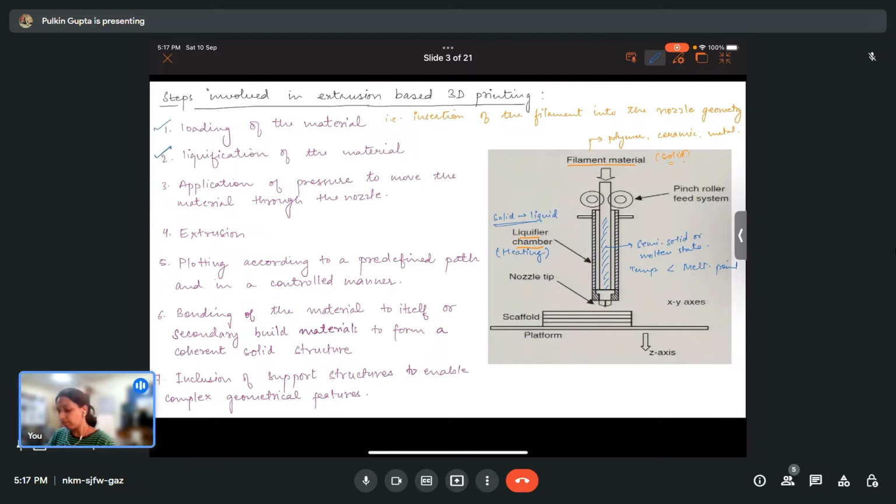For that pushing we require pressure. And how will that pressure be applied? Using this pinch feed roller system. These help in application of pressure to move the material ahead.